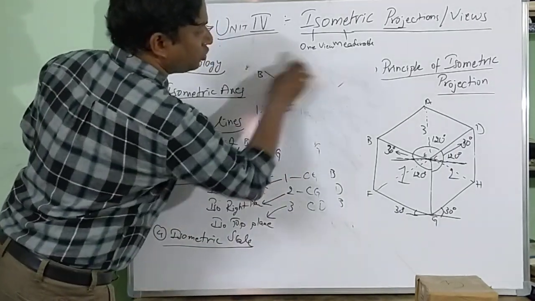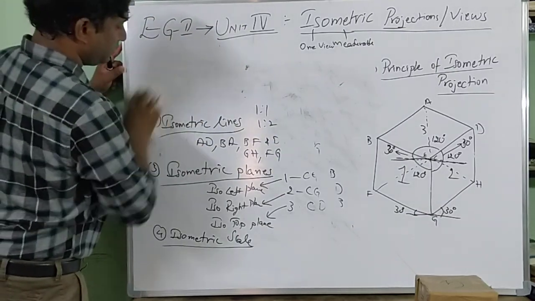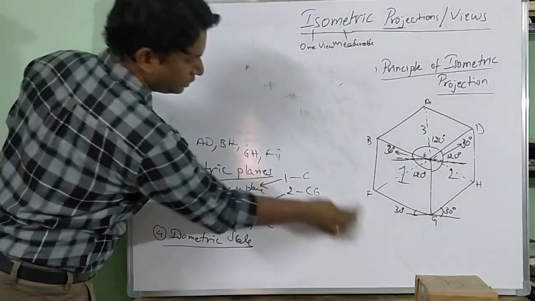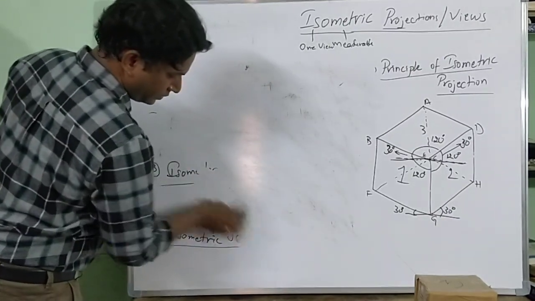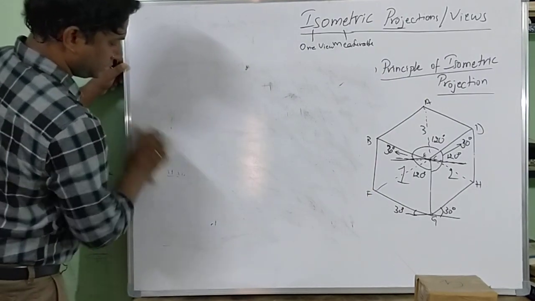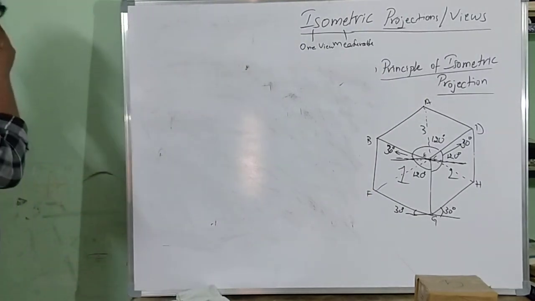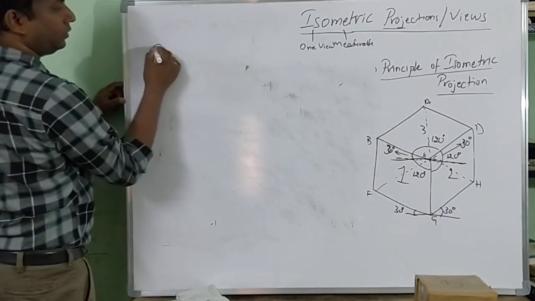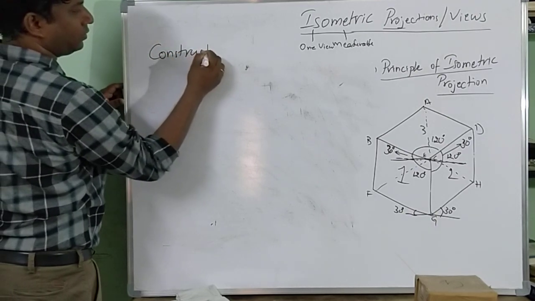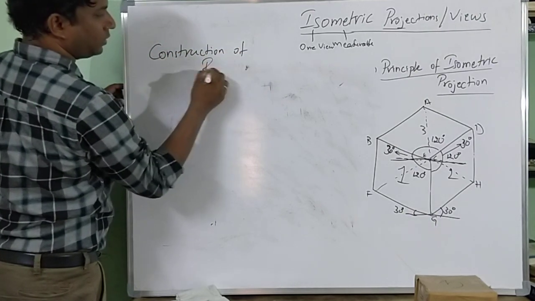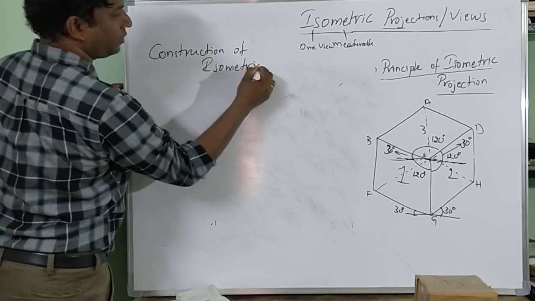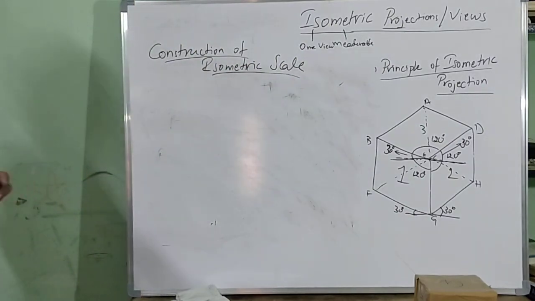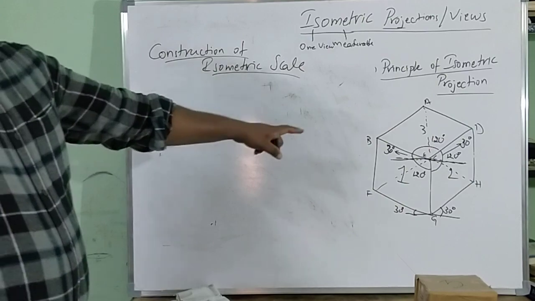Now let me show you this concept. Construction of the isometric scale. Now, this is actually a diminished figure.